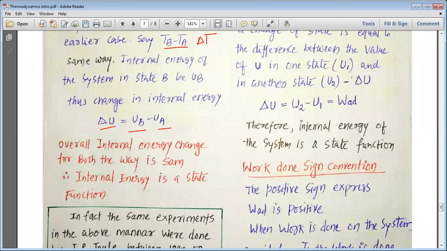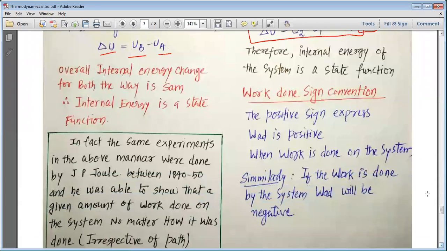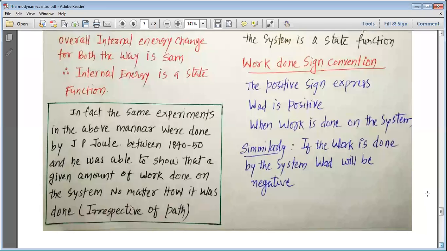Thus the change in internal energy in both case 1 and case 2 is equal, and that is why we can say the total change in internal energy is the work done adiabatically, when the container is adiabatic, or does not allow heat to pass through, or maintains the total heat content of the system.